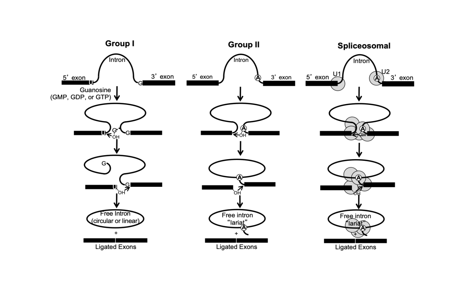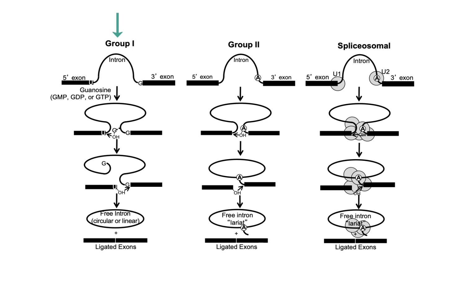Here are the three general mechanisms for Group 1, Group 2, and spliceosomal introns. In the case of Group 1, there's normally a conserved U at the 5' intron exon border and a conserved G within the intron at the 3' intron exon border.